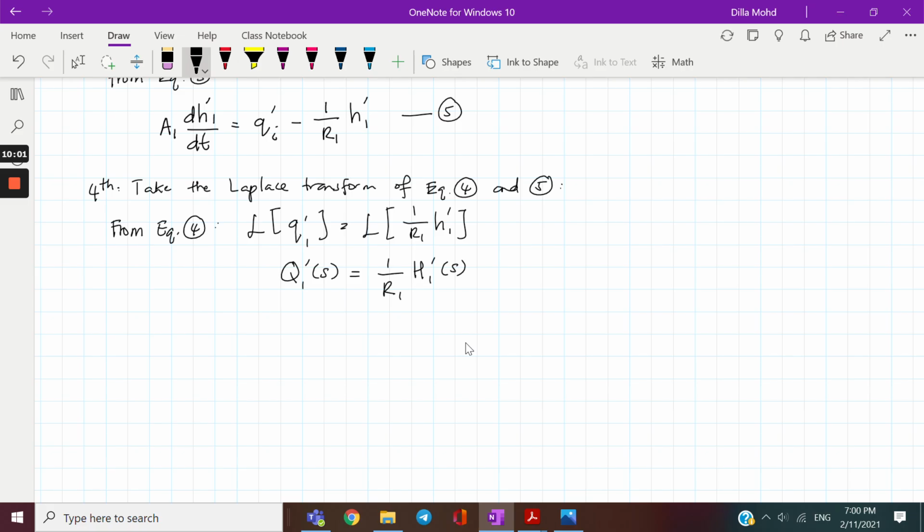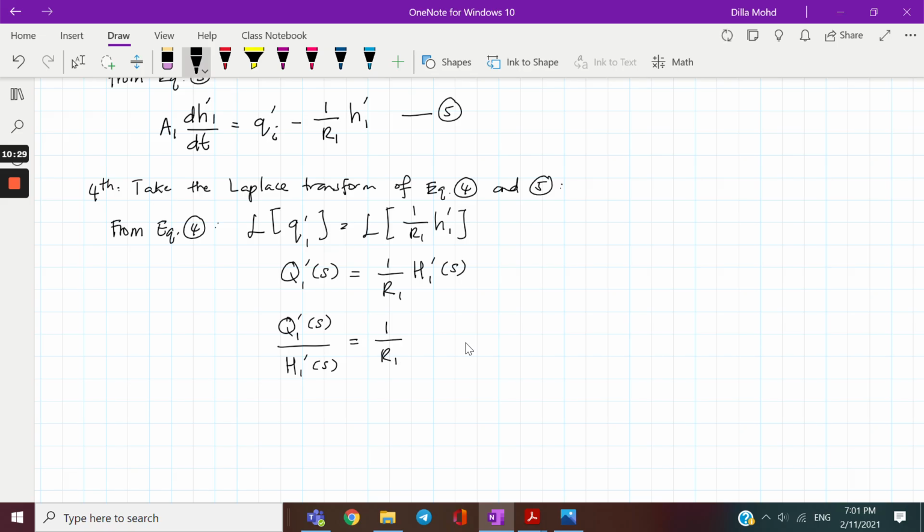And you can rearrange this in terms of output over input for your transfer function. So the output is the outflow from tank 1, Q1 prime, over the height H1, and this equals 1 over R1.